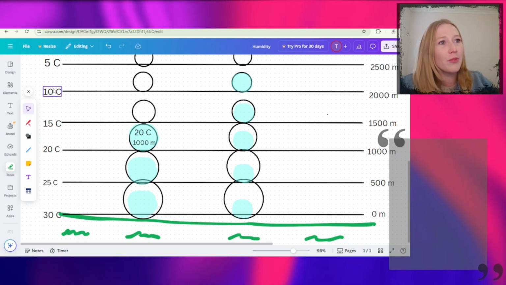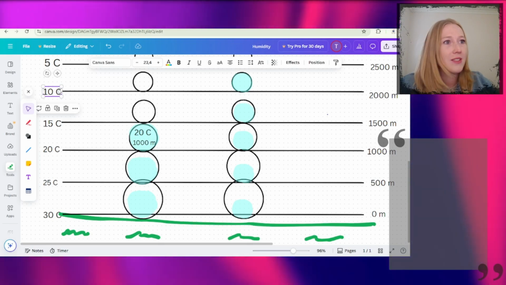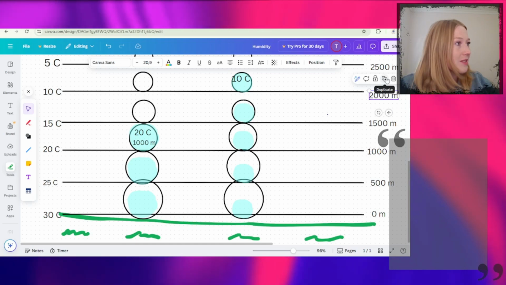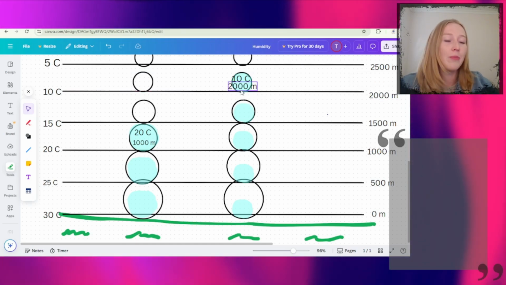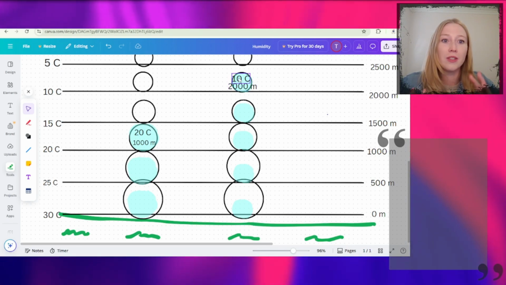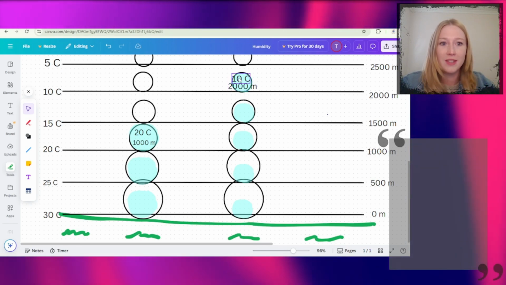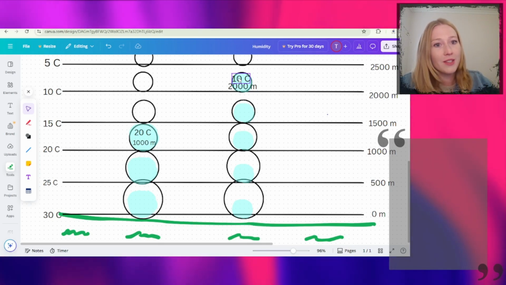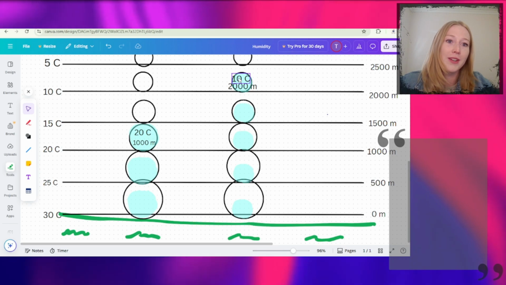Here, the temperature was 10 degrees Celsius and the altitude was 2,000 meters. So it had to rise up 2,000 meters before it reached the temperature where it was saturated. That height that it needs to rise is condensation level.